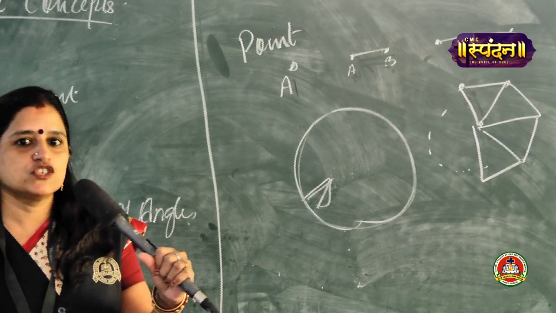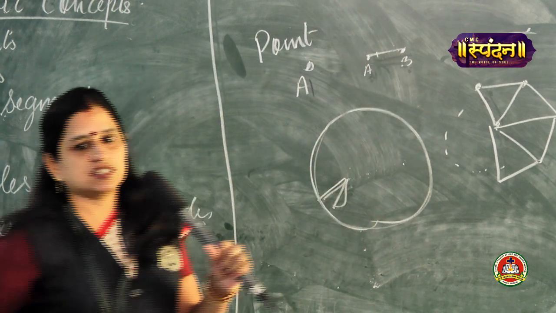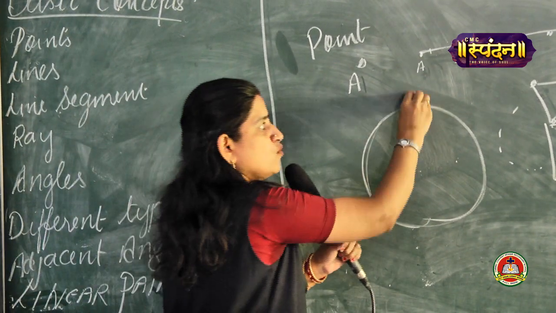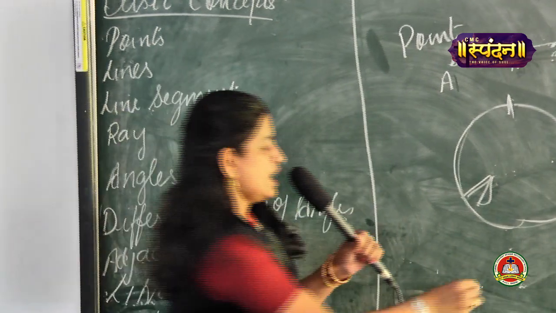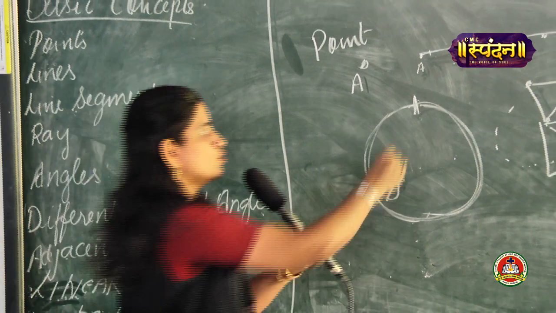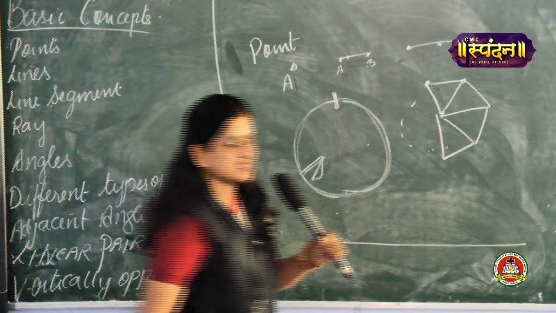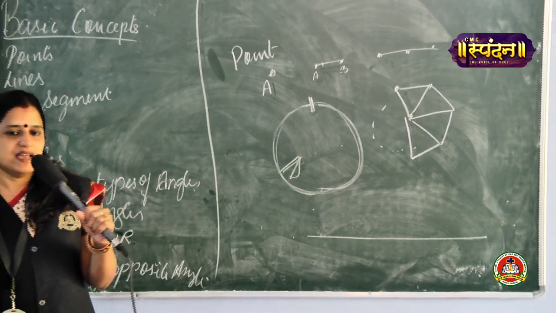So this whole geometry lies between this line segment and this circle. Again, if you open this circle and assume this circle is made up of a rope, and you cut it over here and place it like this, again it forms a line segment.